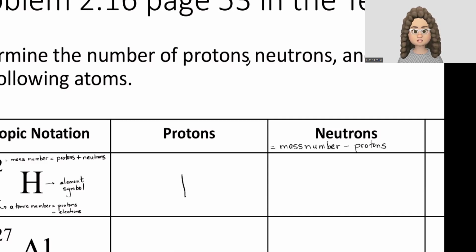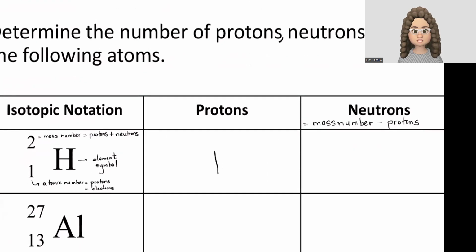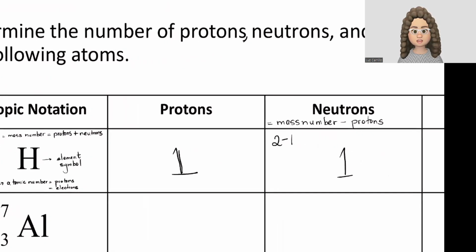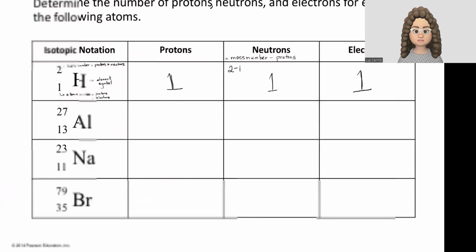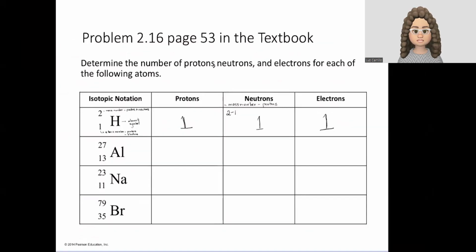So if we take the mass number minus the atomic number, that will give us the number of neutrons. So in the case of this isotope of hydrogen, we're going to take the value of 2 minus 1, and that will equal 1. So this isotope of hydrogen has 1 proton, 1 neutron, and 1 electron. Make sure that you practice by completing the information for the other elements that we have in the following problem.